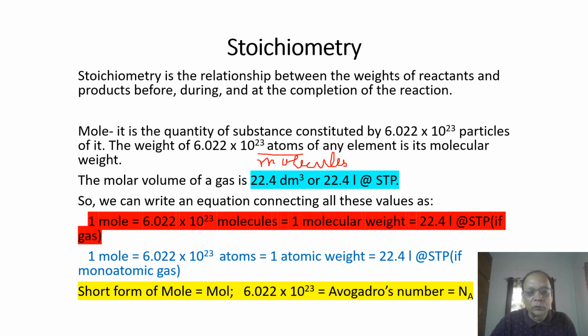The short form of mole is mol, and 6.022 into 10 to the power 23 is known as Avogadro's number, designated as N subscript capital A. So this stands for Avogadro's number. Remember, in some books it is 6.023 as well.